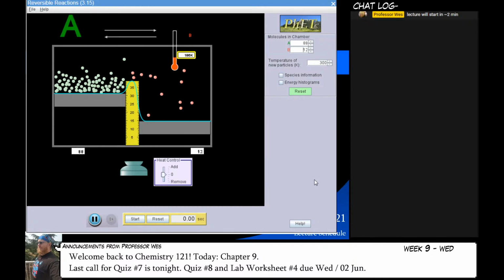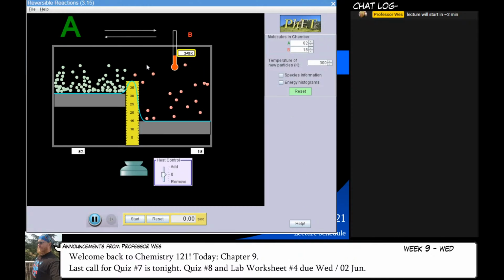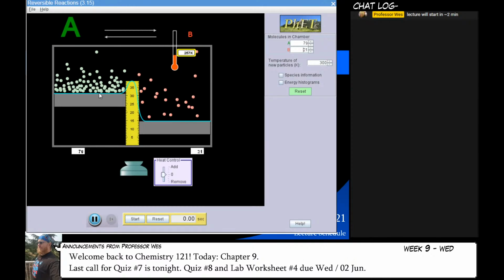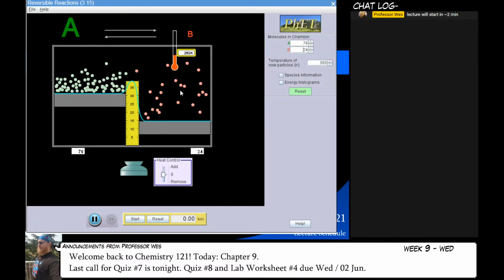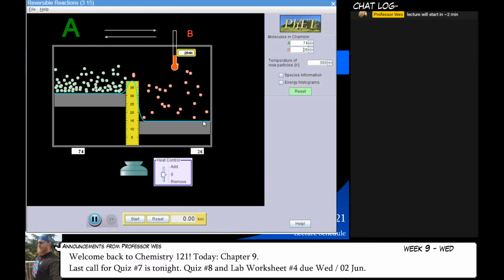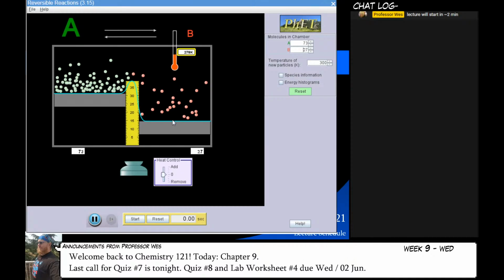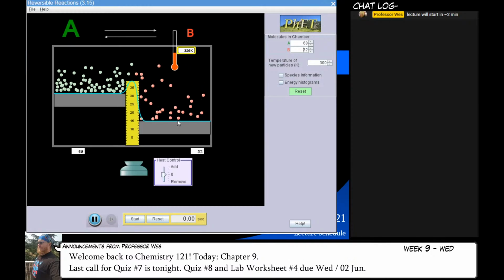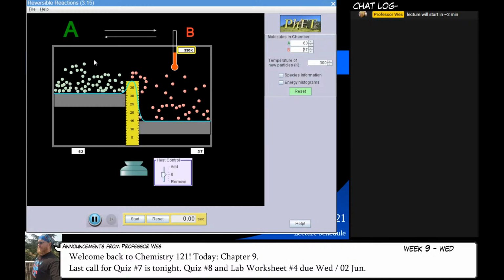You would think, okay, everything's going to turn into products, but what do you notice about the products over there? They have energy, right? They're bouncing around, and some of them are even turning back into reactants, as you can see. So even though it's far easier for my molecules to go in the product's direction here, and then they would get trapped down here at the bottom, they still have enough energy to bounce back and become reactants, right?